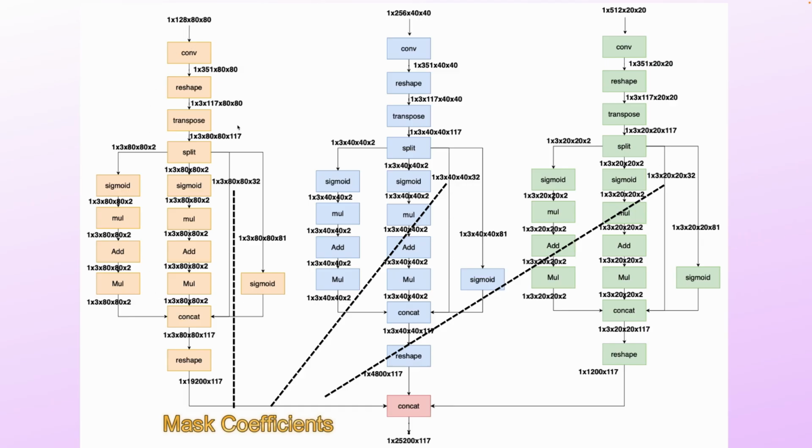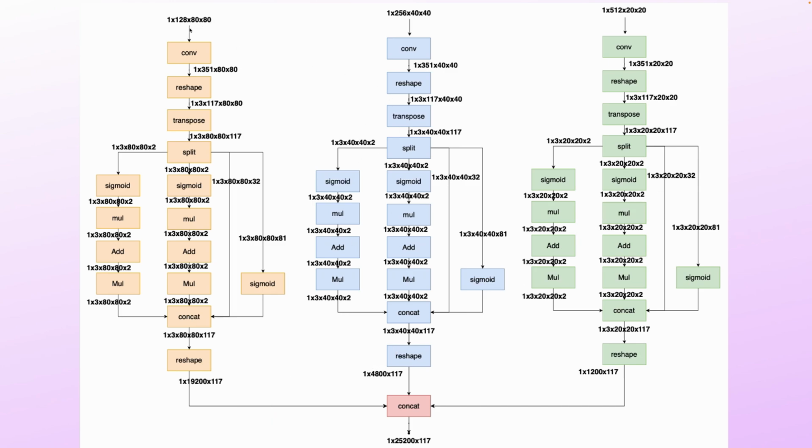All these 3 branches perform the same operation, only the input feature maps are different. Here the feature map is 80 by 80, here 40 by 40, and here 20 by 20. Otherwise, the same operation happens in all 3 branches. The only difference is one additional parallel branch, of 32 prototypes. That's why here it is 117. It's not 85.